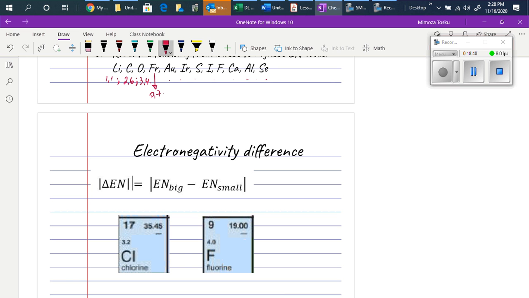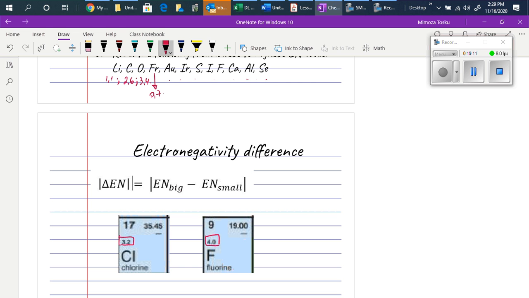Now, when we talk about the electronegativity difference, what we will see is the absolute value of the electronegativity of the biggest one minus the electronegativity of the smallest one. Let's say the electronegativity between chlorine and fluorine. The electronegativity of chlorine is 3.2 and the electronegativity of fluorine is 4.0.